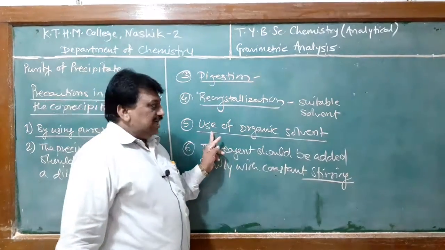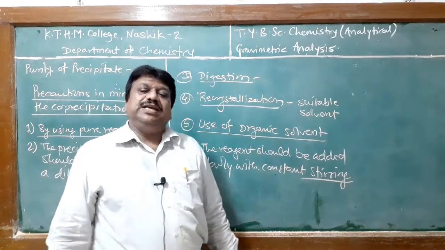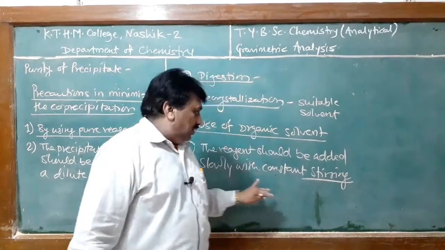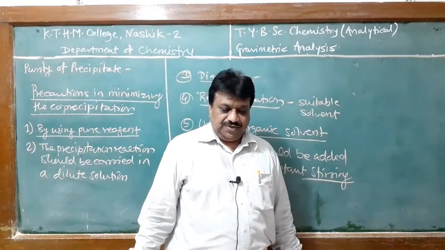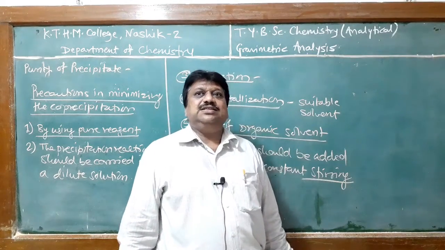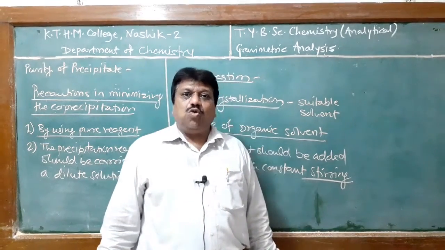Organic solvent also reduces the co-precipitation, and the precipitation reaction should be carried out by adding the reagent slowly with constant stirring. Student, this is all about the co-precipitation and precautions about co-precipitation.